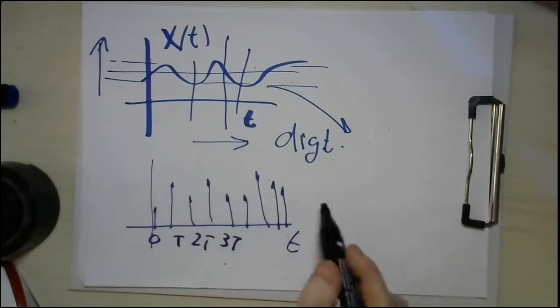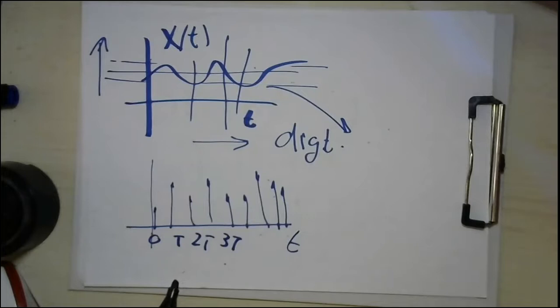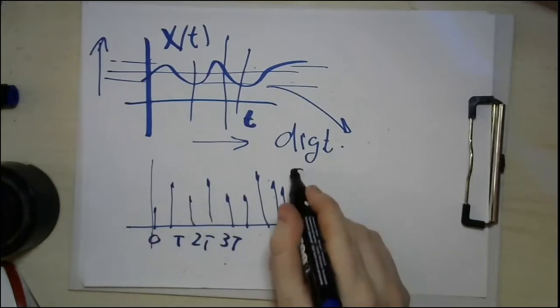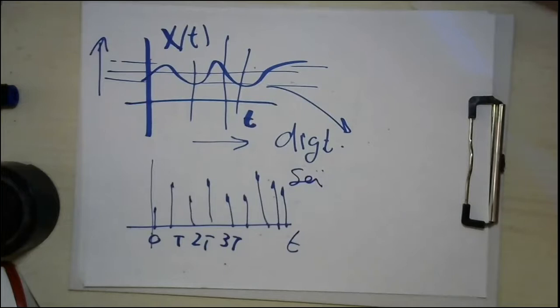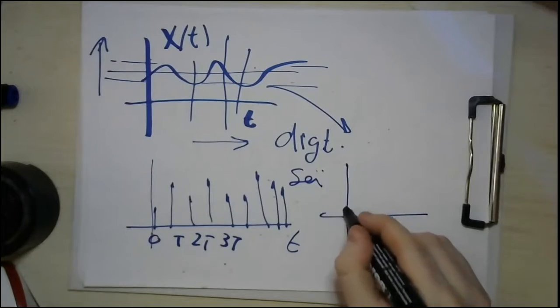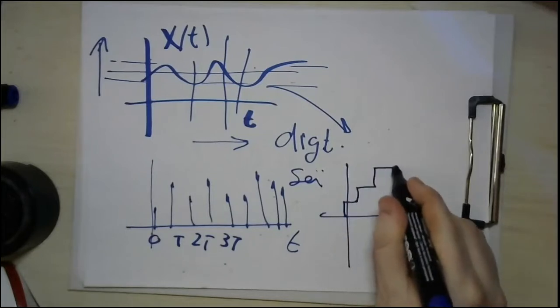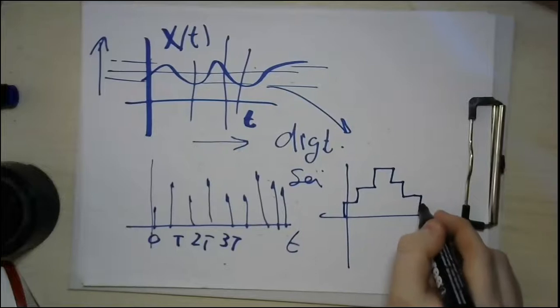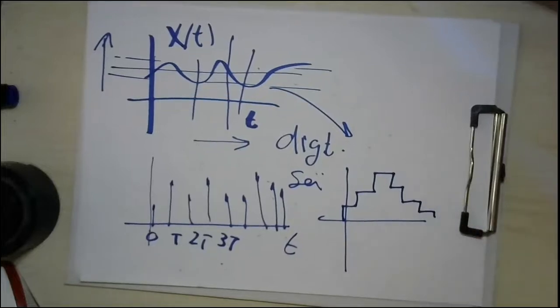However, it's not discrete in the magnitude axis. The amplitude can have any value, so the amplitude here is analog. So this is a semi-analog signal. In the same manner, if I have a signal like that, again, this signal is discrete in the amplitude.